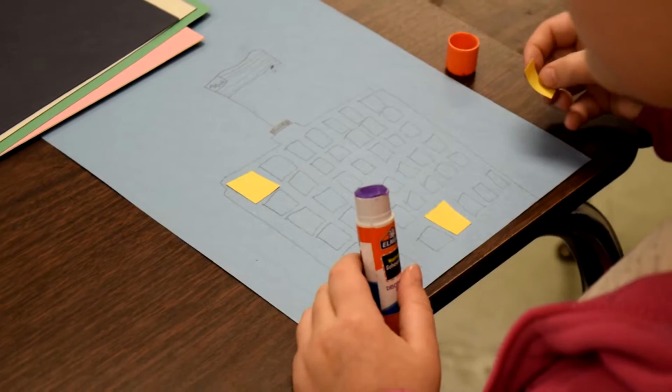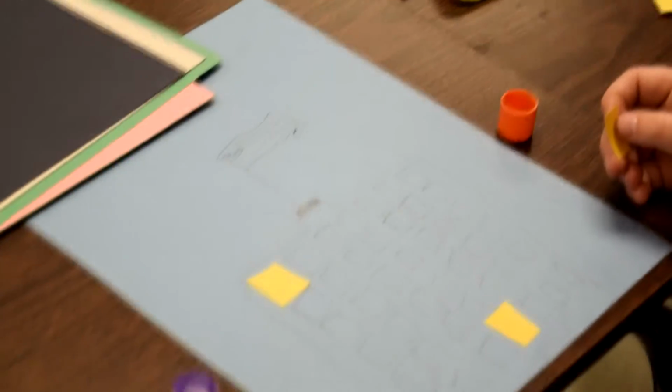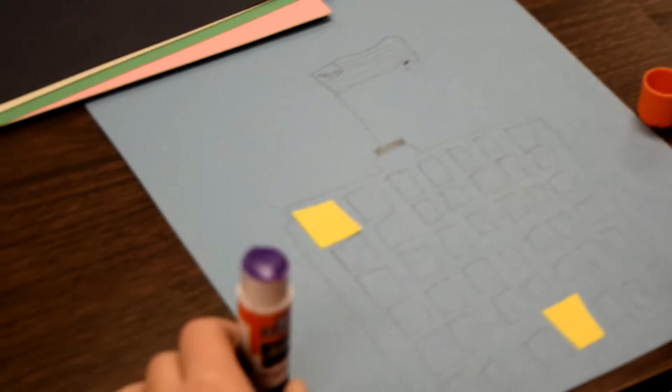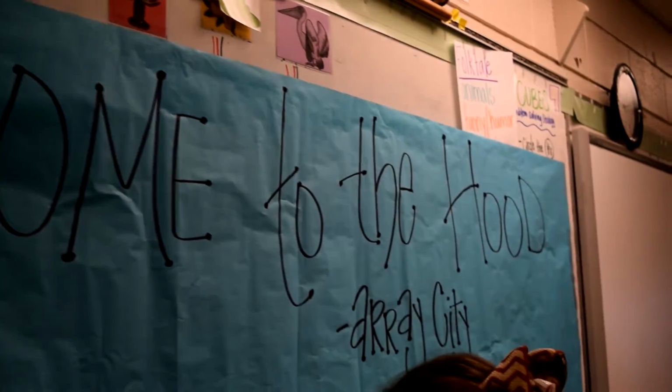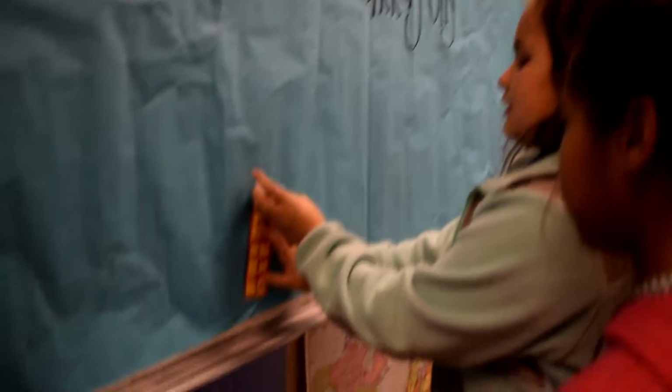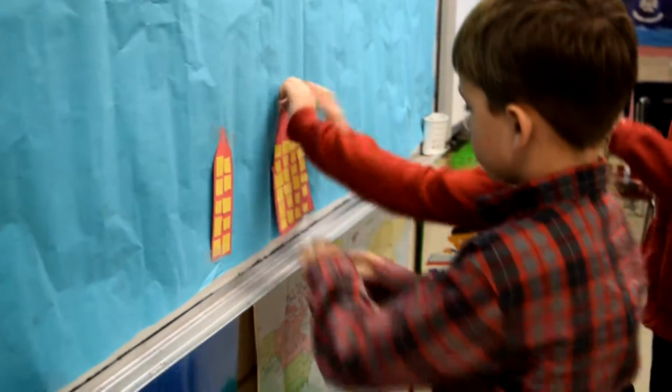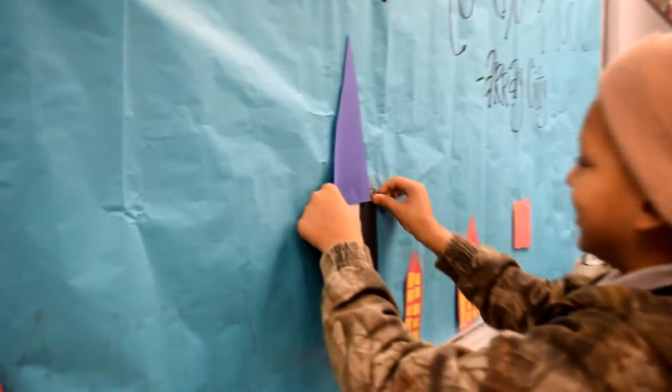Very good. And Amelia, tell us what you made. And what building is that? The White House. And who lives in the White House? The president. You're going to wait in line and add it to the city.